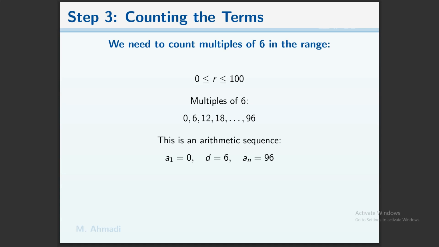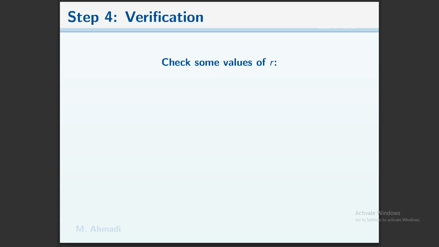This is an arithmetic sequence with a1 equal to 0, d equal to 6, and an equal to 96. So 96 equals 0 plus (n−1) multiplied by 6. n−1 equals 16, and n equals 17.